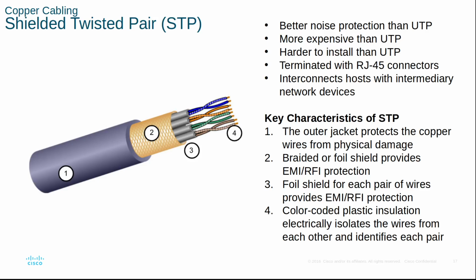And they have a foil shield for each pair of wires as well to further isolate them from each other. So it's pretty great. It's a bit more expensive, but if you've got a lot of sources for EMI and RFI and your network performance is really bad, maybe upgrade to some of these and then it's worth it.